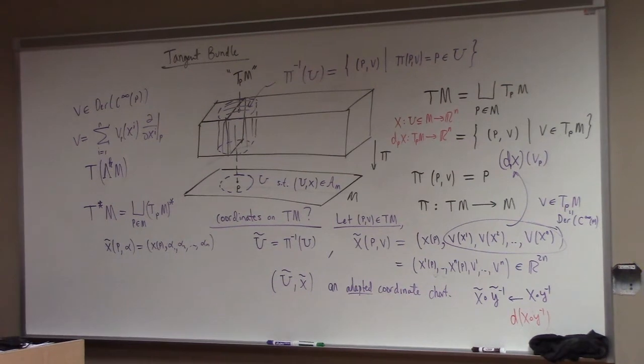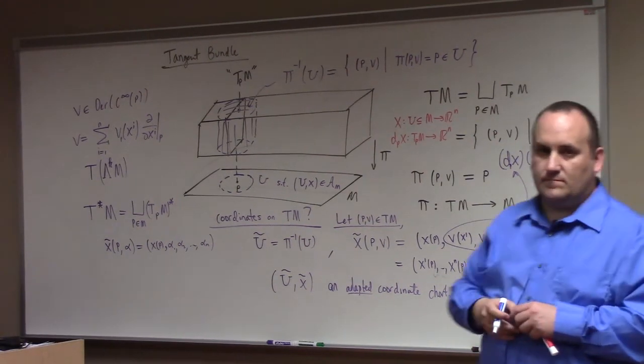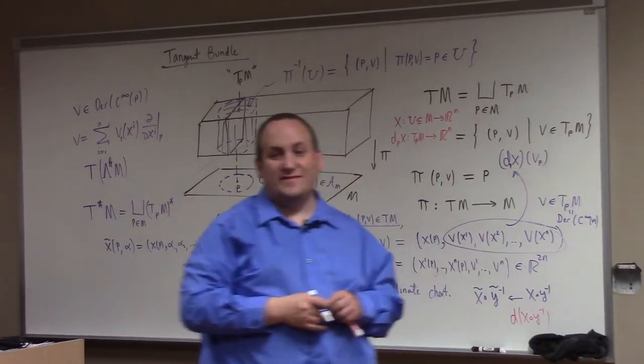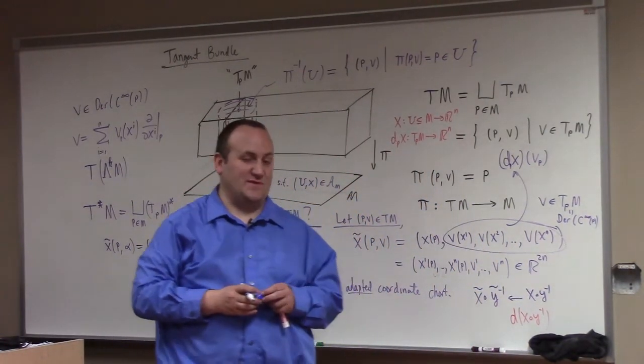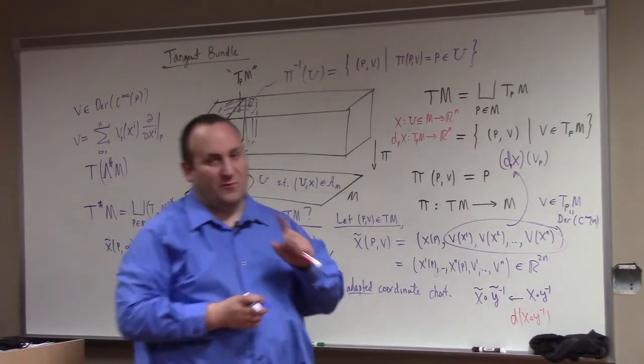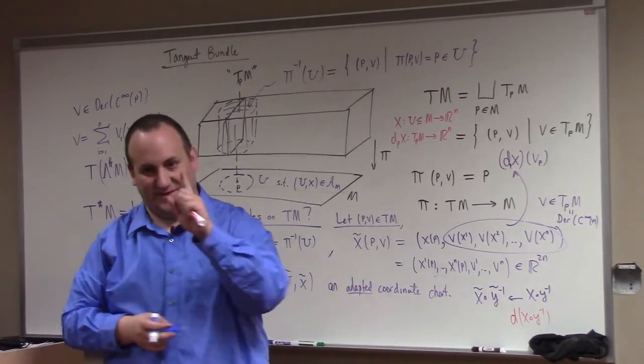A vector field on M is an attachment, or would you say assignment, of a vector at T_pM for each p in M. And a smooth attachment, yes, we'd like that. And there had better be just one.